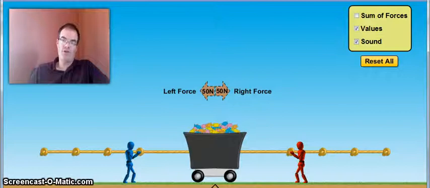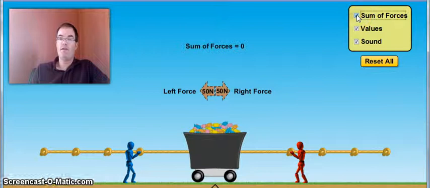You should be able to look at things and be able to determine whether or not the net force on something is 0. For instance, in this case, the net force is 0. The sum of the forces equals 0.